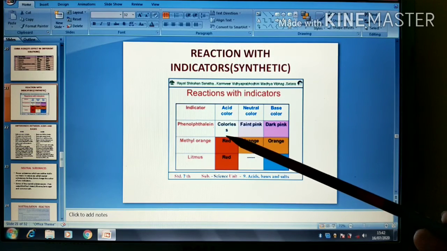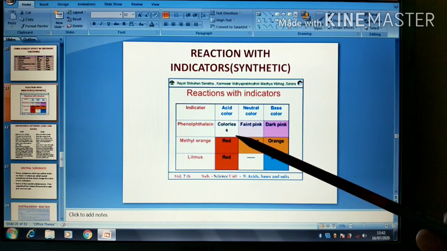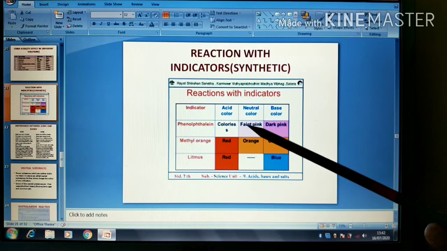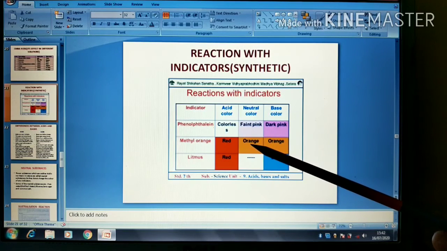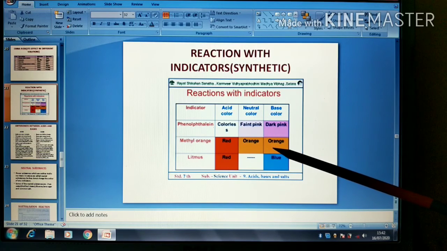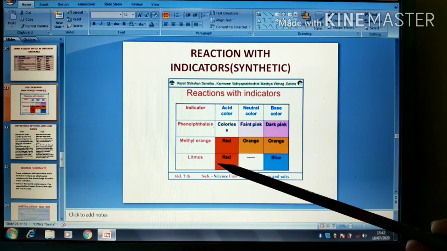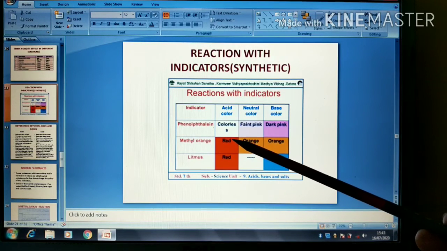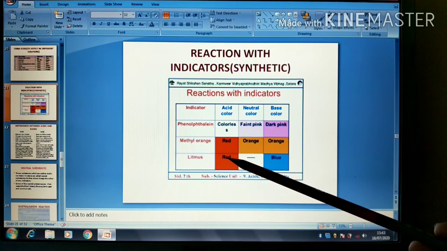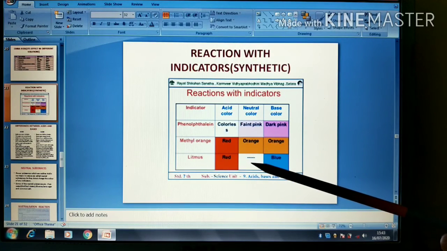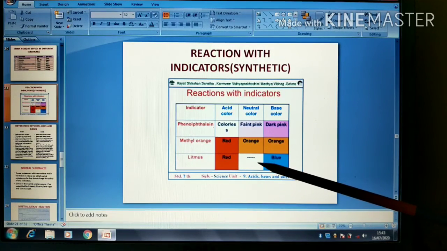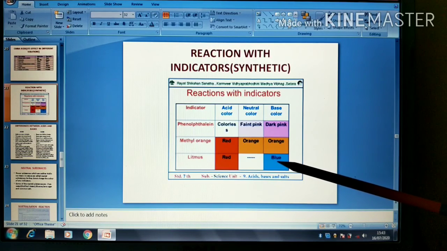What about methyl orange? Methyl orange in acidic solution is red. In neutral solution, methyl orange becomes orange, and in basic solution it is orange. Then coming to litmus paper, in acid solution blue litmus changes to red, in neutral solution there is no change in color, and in basic solution red litmus turns blue.